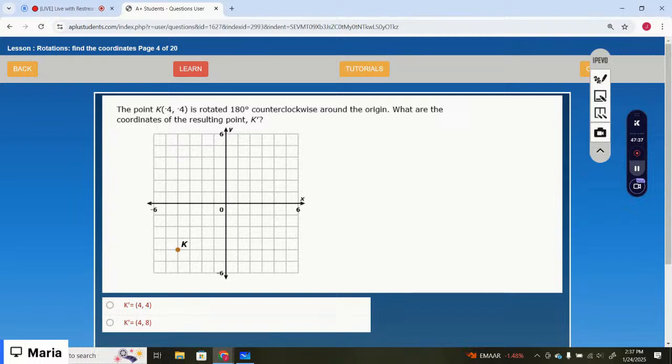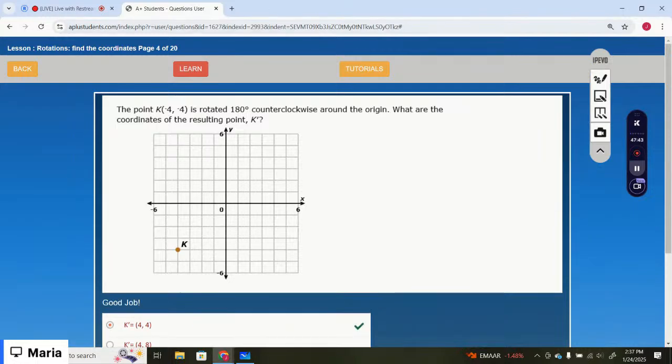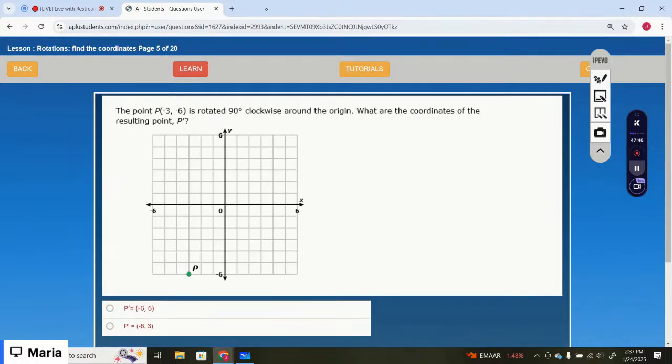The correct option is option number 1. They are 4 and 4. The coordinates of the rotated point are 4 and 4.